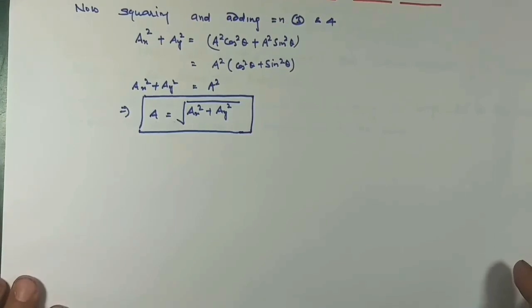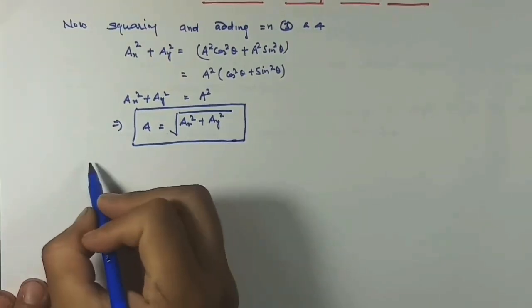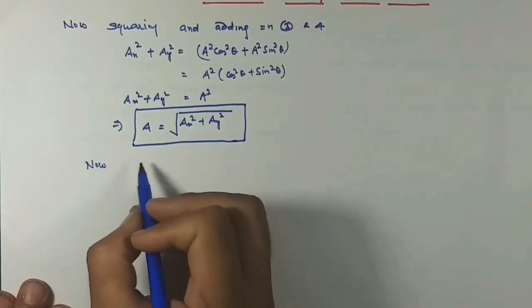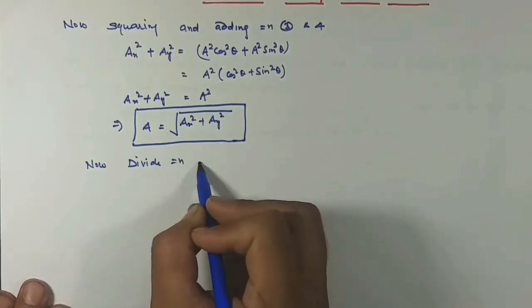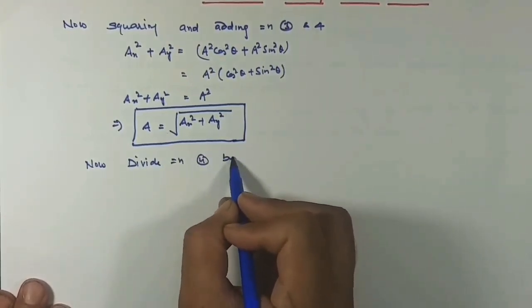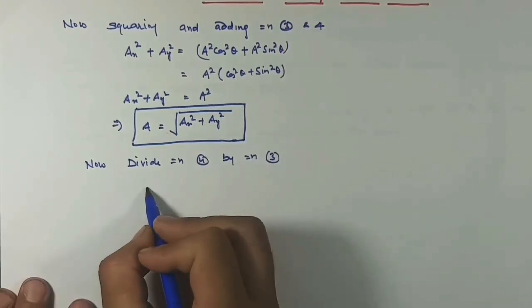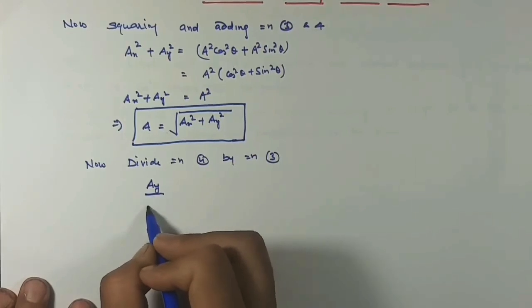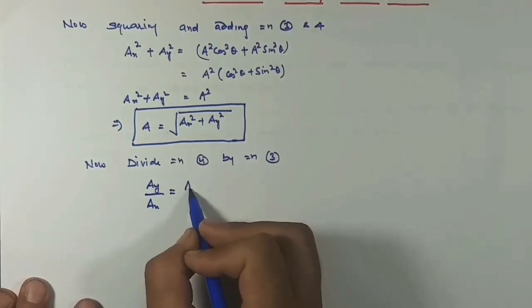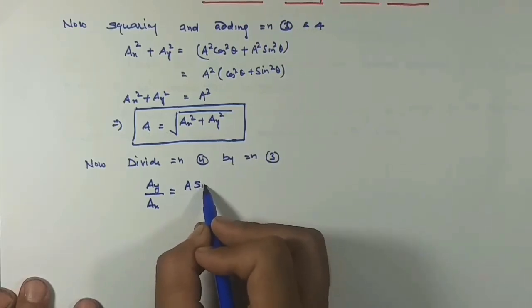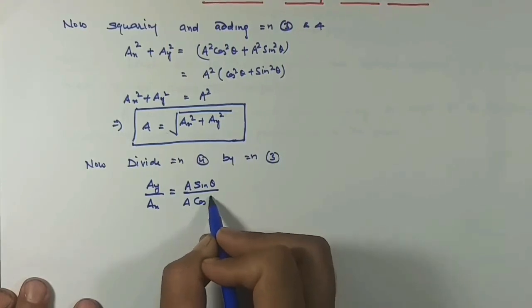And now divide equation 4 by equation 3, so we will get AY upon AX is equal to A sine of angle theta upon A cos of angle theta.